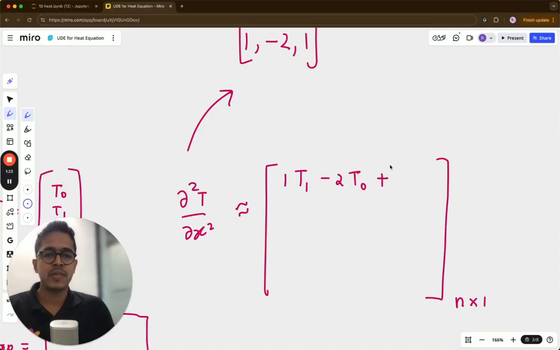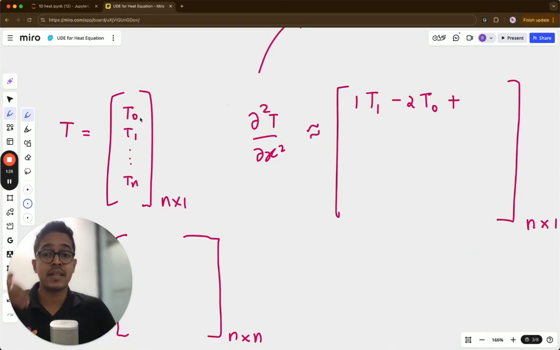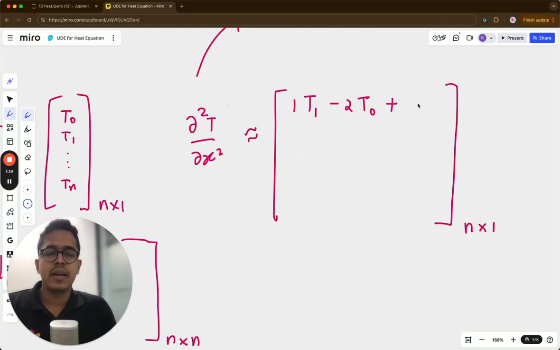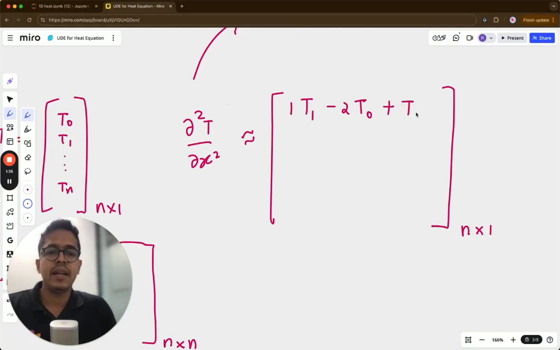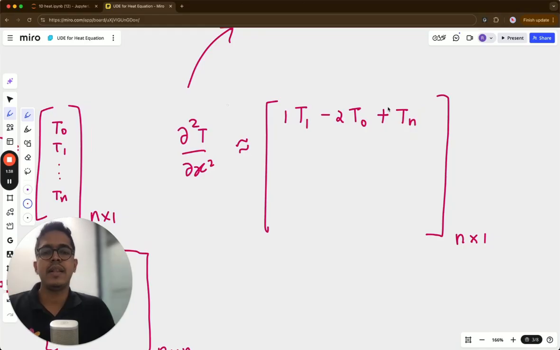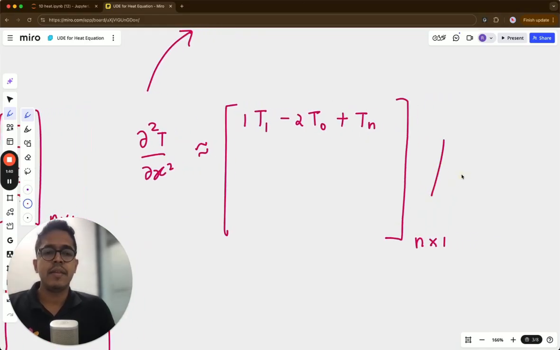There is no T minus 1. Since it is a circular boundary condition, the previous element of T0 is the last element, Tn. So this should be plus Tn. And of course, this should be divided by dx the whole square. All the numbers should be divided by dx square, so I'm putting it outside.